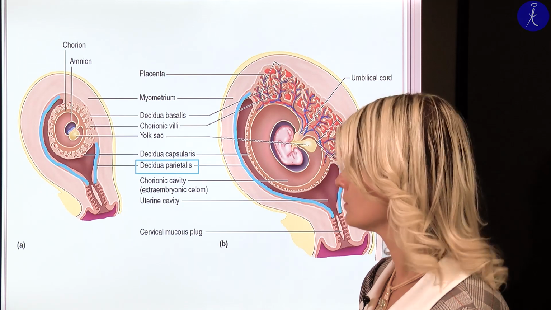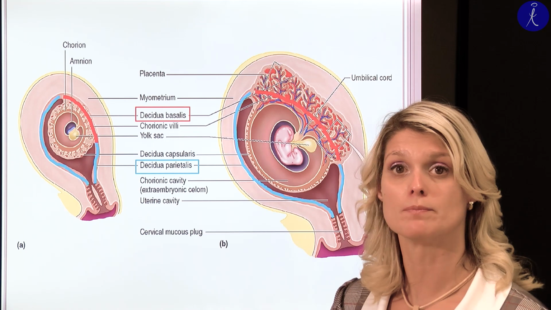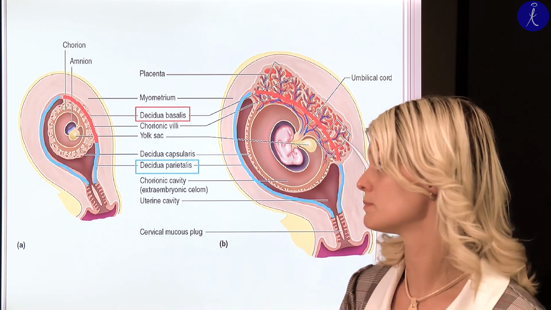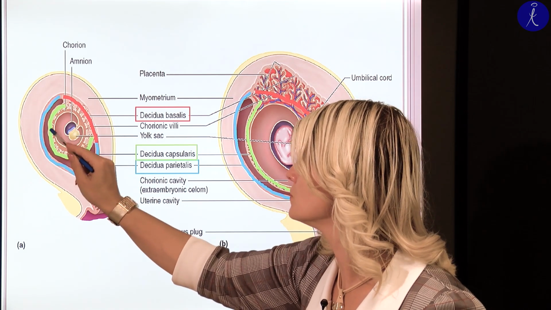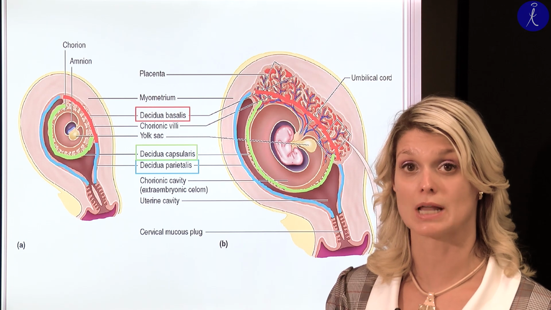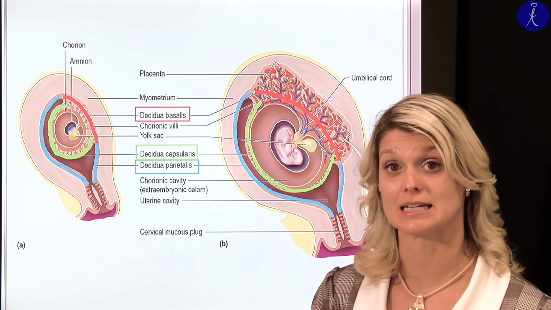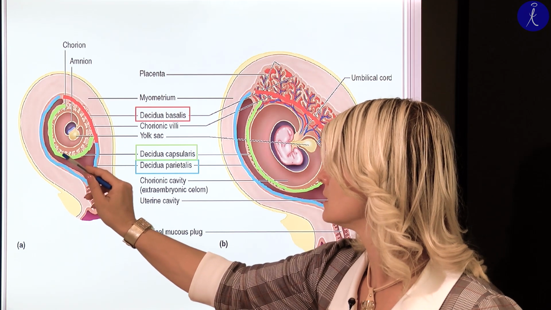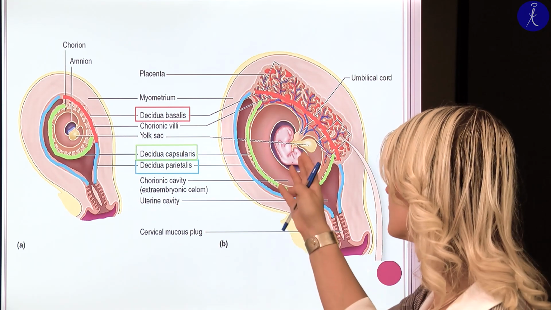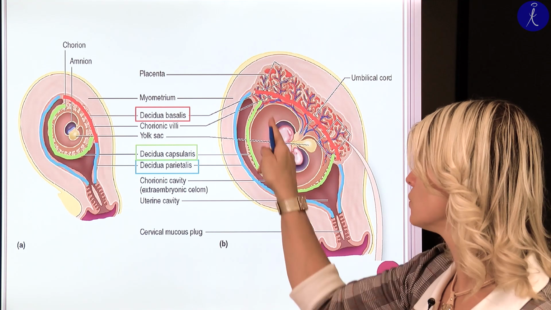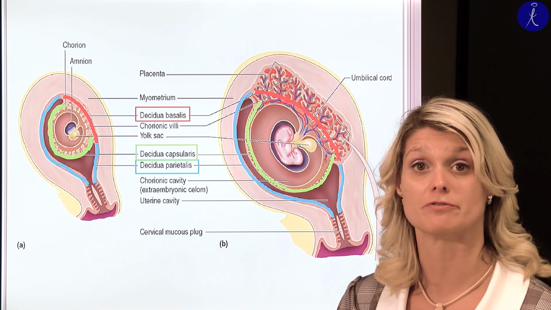And after, the next part is the decidua basalis, which will form the maternal part of the placenta. And around the implanted embryo, here you can see the decidua capsularis. Only at the beginning of the pregnancy will those layers be separated, because later, when the embryo grows, this lumen will disappear and these layers will fuse.